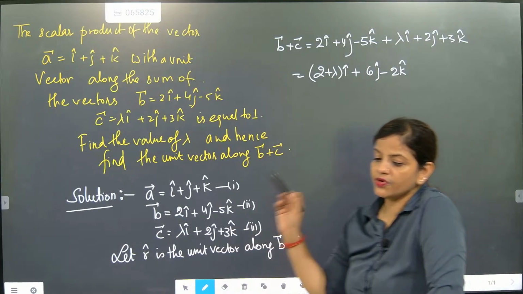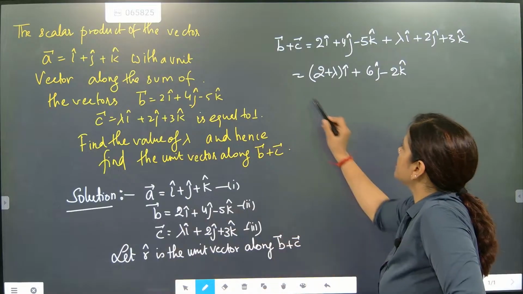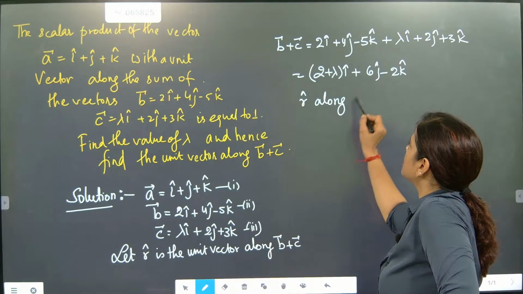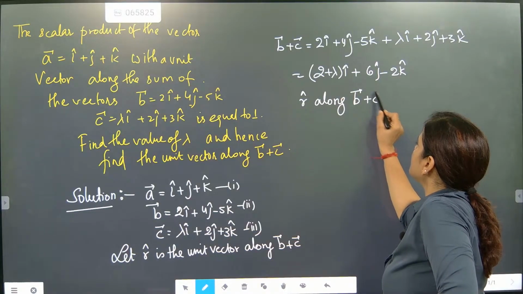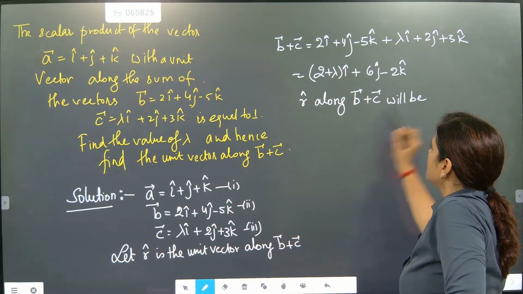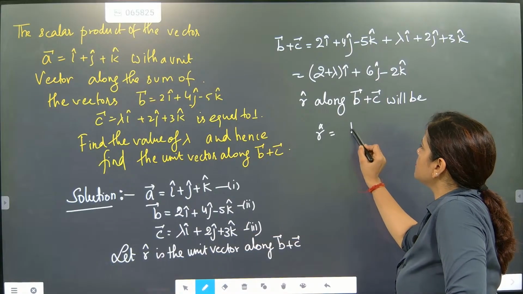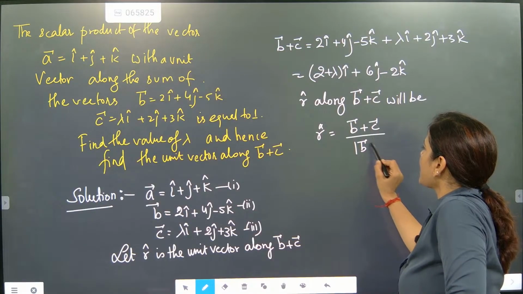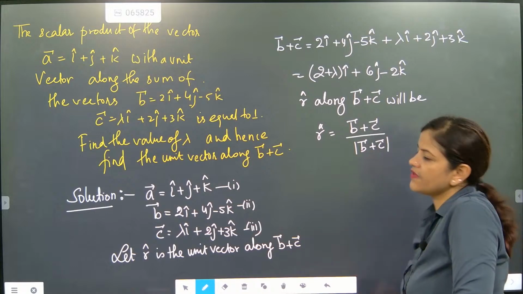So R, the unit vector along b vector plus c vector, will be R unit vector is equal to b vector plus c vector divided by magnitude of b vector plus c vector. Note down.